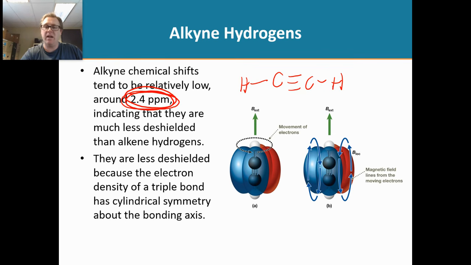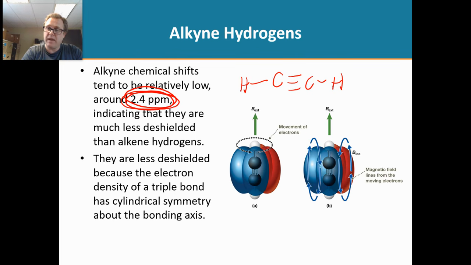Well, it all has to do with the fact that we look at the magnetic field lines, and it has to do with the fact that the pi orbitals here are cylindrical. There's a lot of symmetry here. And when you take these molecules and stick them into the magnetic field, look at the lines here in blue.